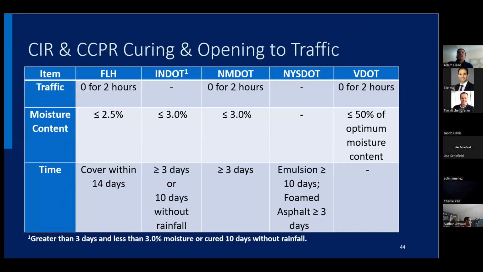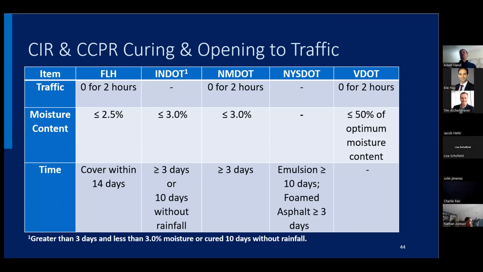And one of the things we found to be very variable among the agencies was the curing. With CIR and CCPR, this is a summary table, and three of the entities use 0 to 2 hours in terms of opening to traffic. Two of them didn't specify.